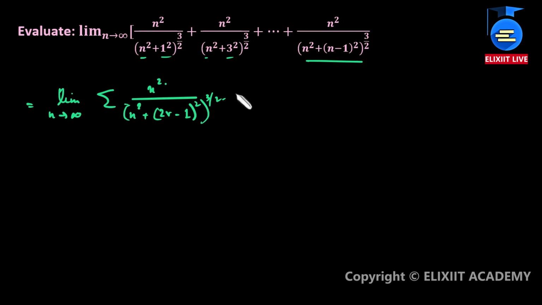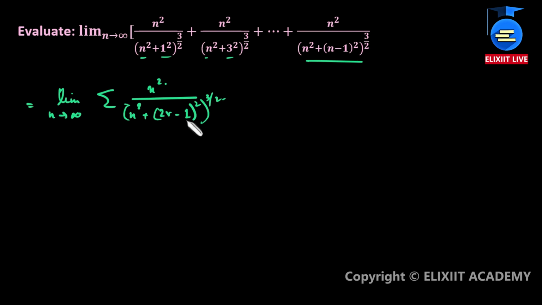Now, the limits, this is dependent on the limits. This is not going up to n. r is not going from r equals 1 to n. You put r equals 1, this will become 2 into 1 minus 1, that's 1 square, so n square plus 1 square. You put r equals 2, this will become 4 minus 1, 3 square.